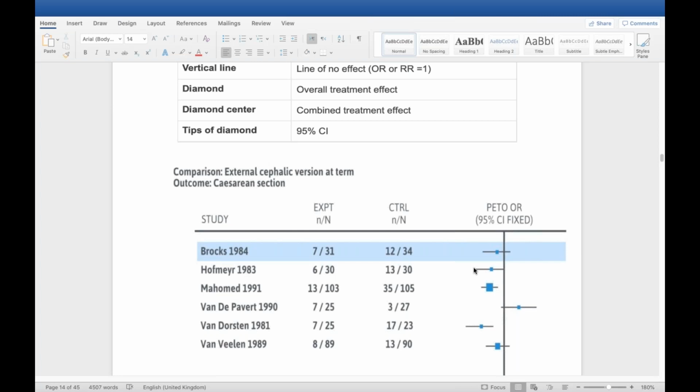In medicine, it's 95, and it will always be 95 for some time. So when you describe an outcome from a study, it has to be 95% confidence between this number and that number, and this is what this line indicates, the 95% confidence interval.